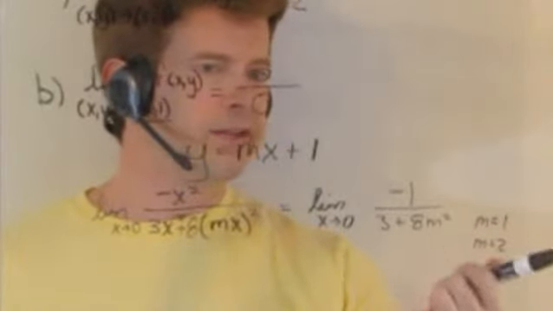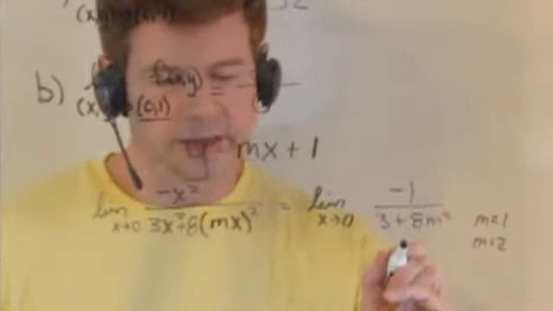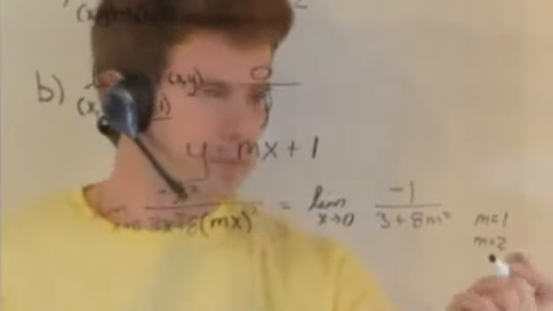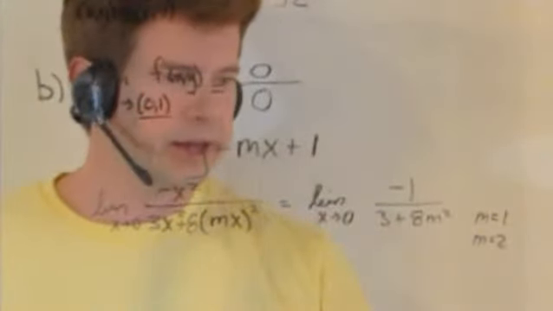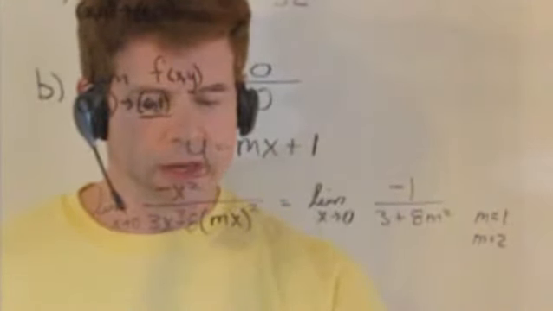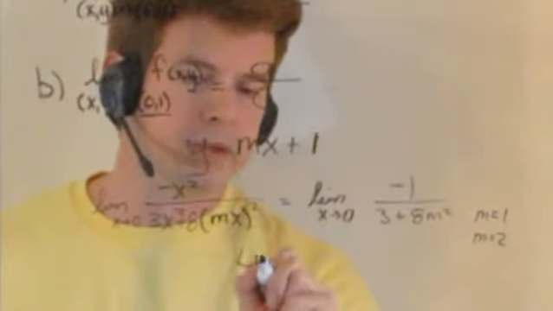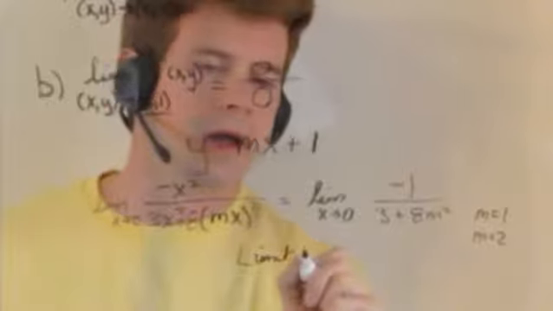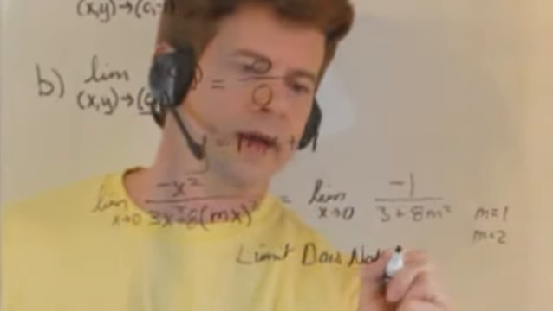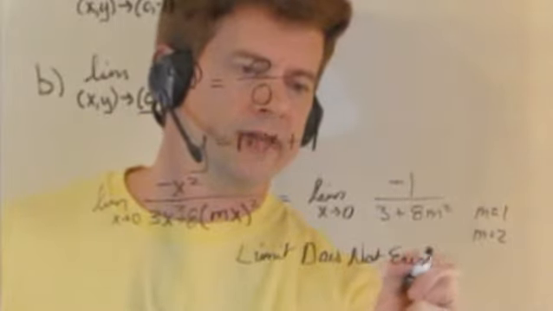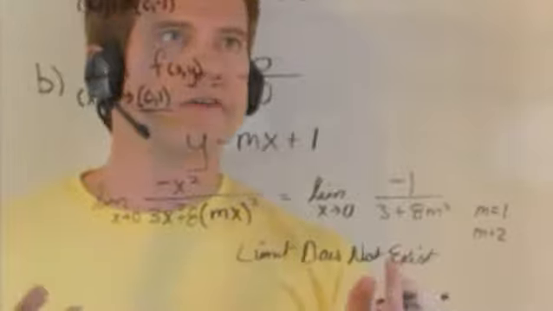So we're concluding that it's not going to converge to a single point. A different path results in a different answer for the limit. So in conclusion, the limit does not exist.